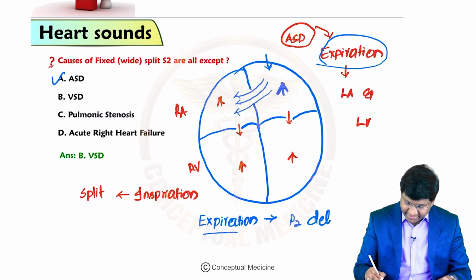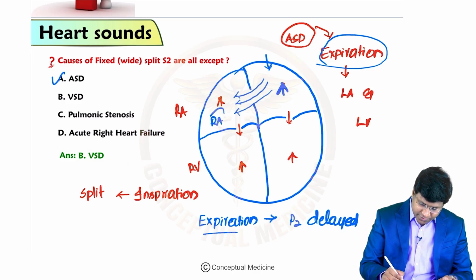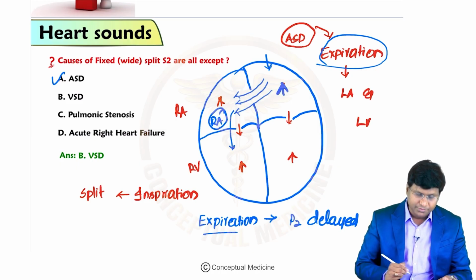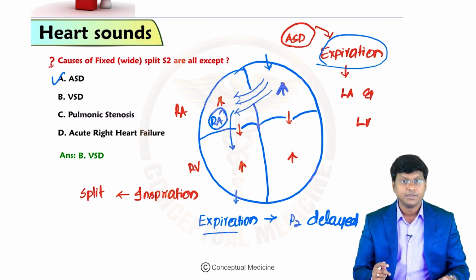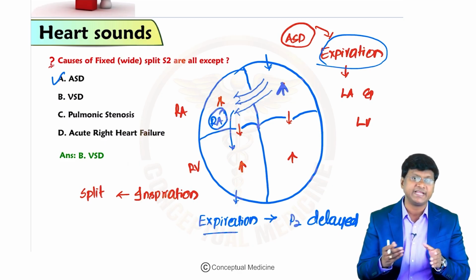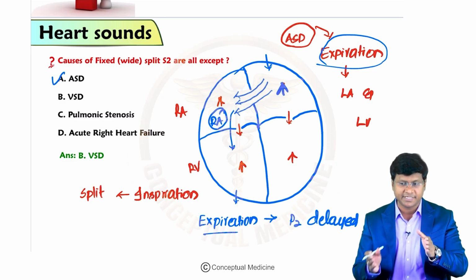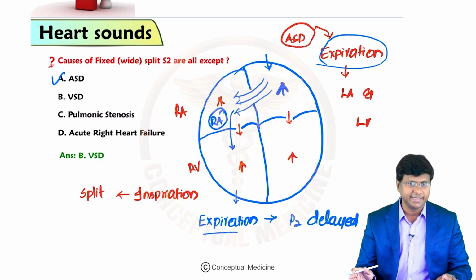The P2 will be delayed, because when the right atrium is receiving a large quantity of blood during expiration, that large quantity of blood has to enter into the right ventricle, and from the right ventricle it has to empty into the pulmonary artery. So the P2 gets delayed because a large quantity has to enter into the pulmonary artery, and after that the pulmonary valve closes. So the P2 will be delayed.